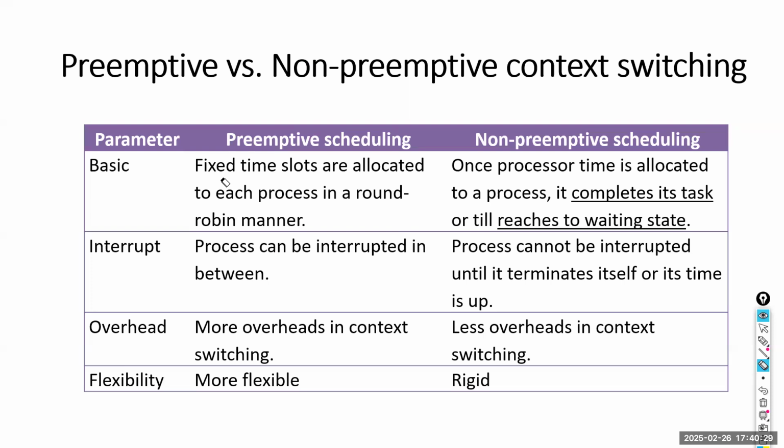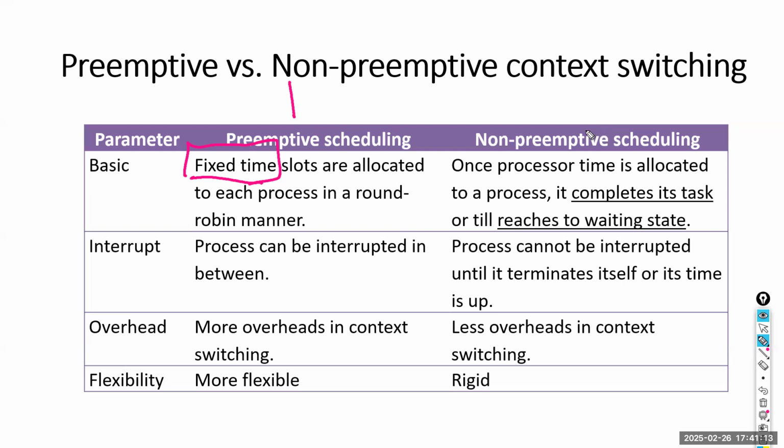Preemptive scheduling means your processes or running programs are given fixed time slots. At the end of that time slot, it is taken back to the ready state and another process is given the opportunity to run. Those are fixed or fairly fixed. Depending on the priority, a particular process may get more time slots, more attention than other processes. But what you get is a sort of fixed time slot, maybe 10 milliseconds. Then attention is given to another process.